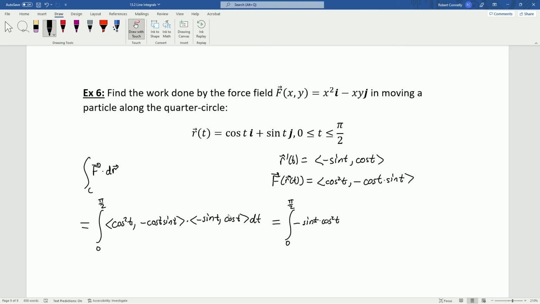And then we get the same thing again, negative sine of t times cosine squared of t. So this gives us negative 2 sine of t cosine squared of t, but I'm actually going to rewrite this: cosine squared of t times sine of t dt.